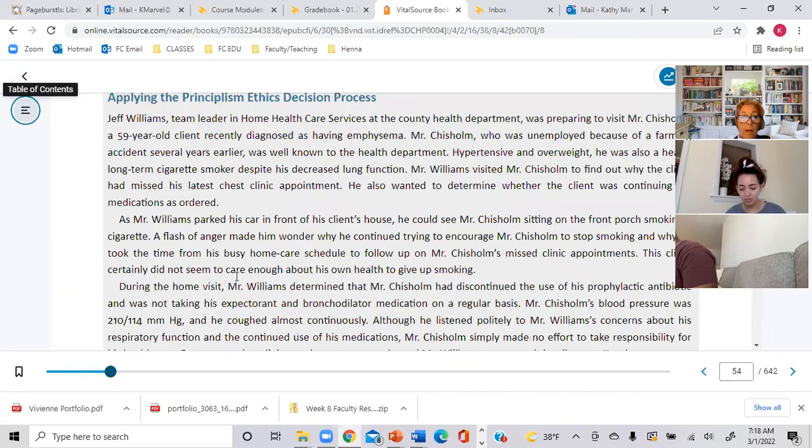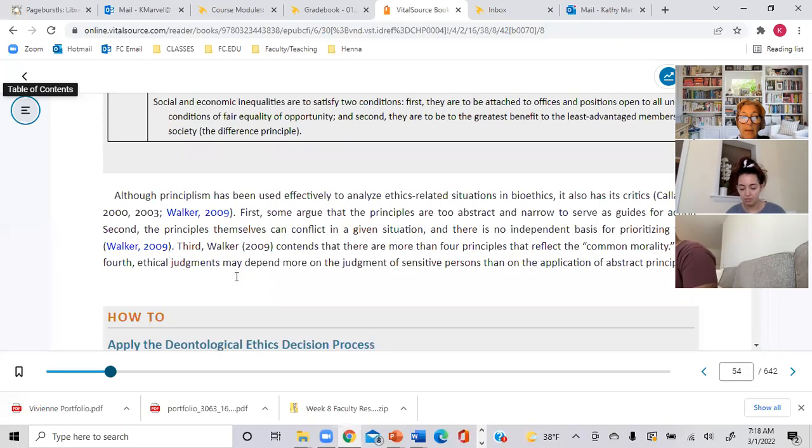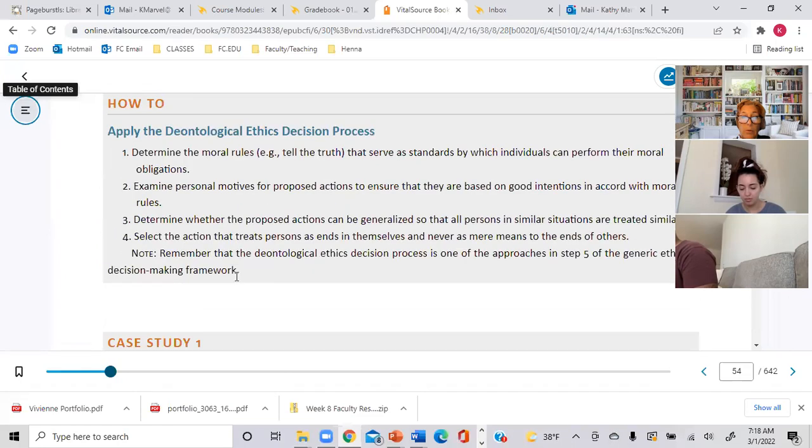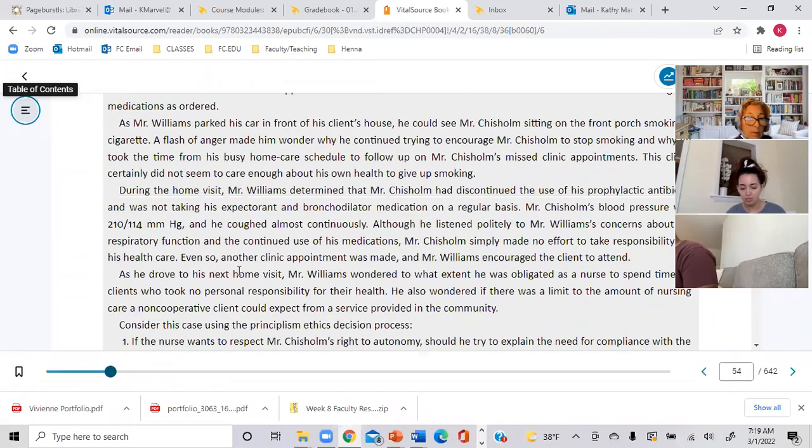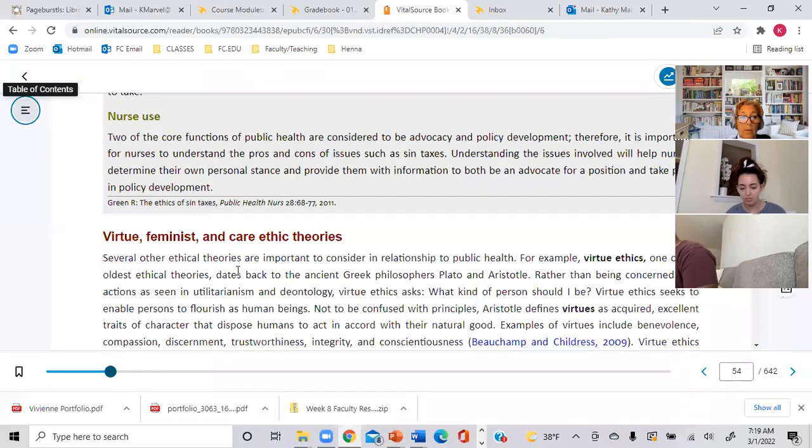And there's some really good boxes in here, case studies and how-tos. I would suggest you read those. Okay, and then let's talk about virtue, feminist, and care ethic theories.